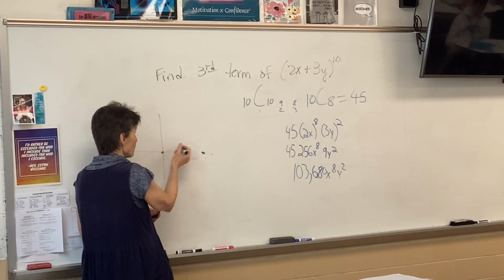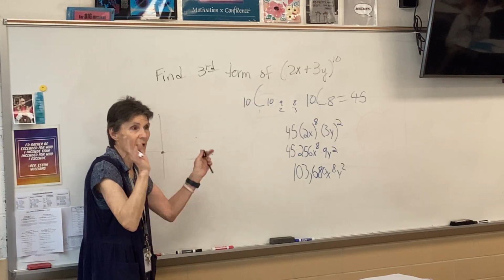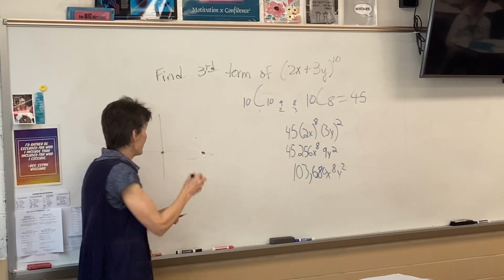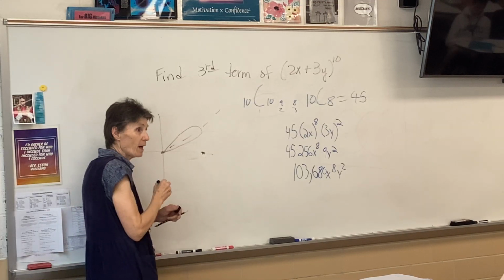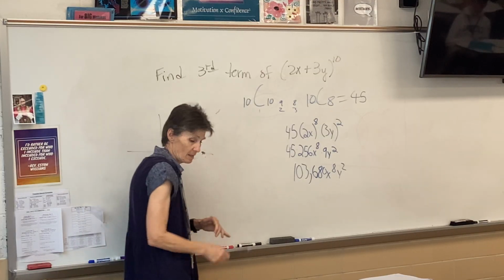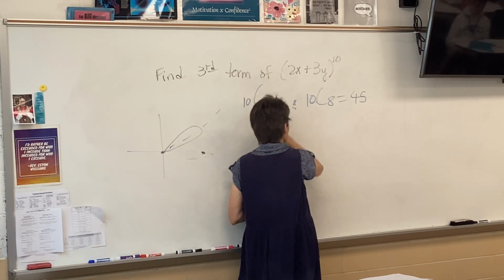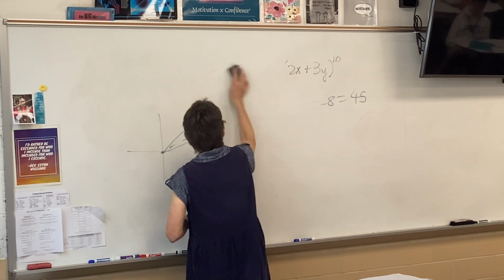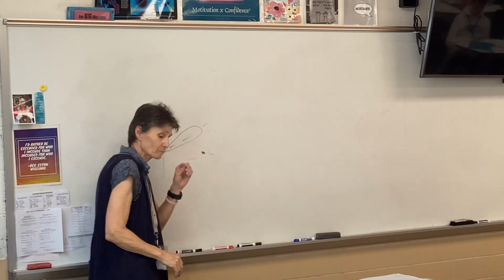So then your next point is going to be, I don't know, pi over 3 or pi over 6 or something. And isn't that going to make you be out here then, on the pi over whatever line? Yeah. So your first one is not at 0 when it's a sine, because the sine of 0 is 0, so you'll be at the pole. You won't be making a leaf.